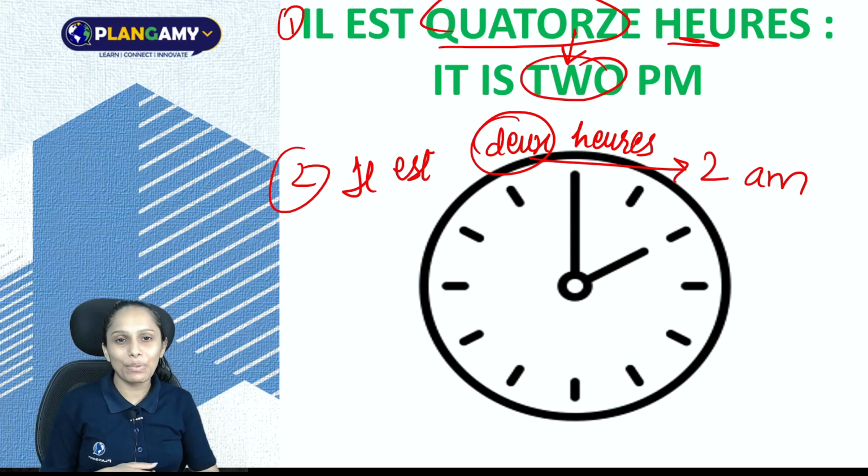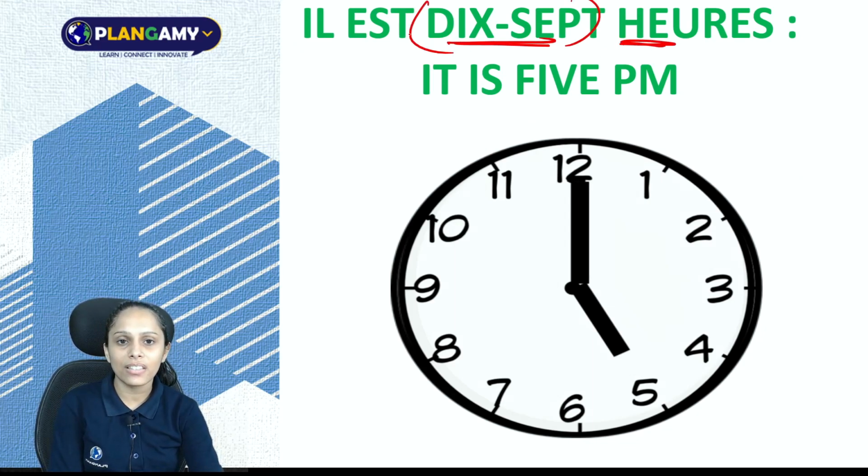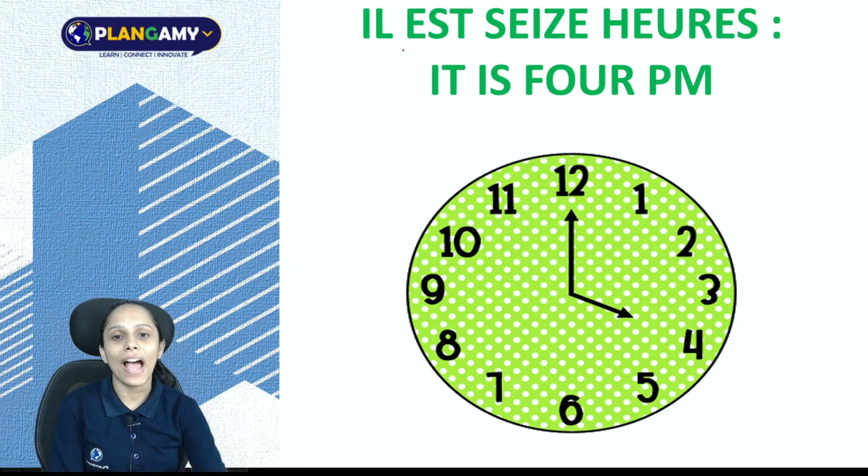Now let's move further. So here we have il est 17 heures. Now I know 17 here is our number, and which number is it? Very good. It is number 17. So it means that we are talking about 5 in the evening, or it is 5 p.m. Next we have il est 16 heures.